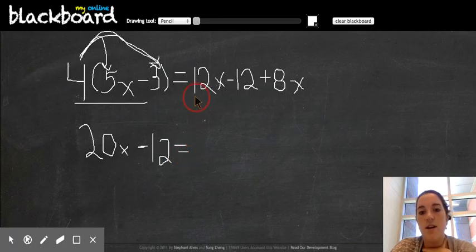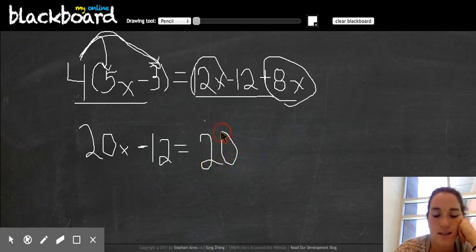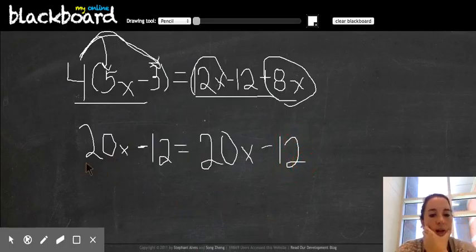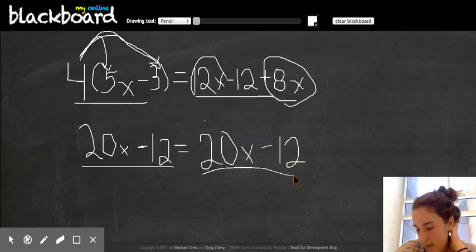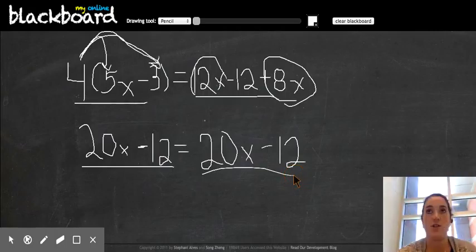Equals, is there any way I can simplify this side of the equation? Yeah, I can combine my like terms. So I have 12x plus 8x, which is 20x. And then I'm taking away 12. So 20x minus 12. Now I have the same thing on both sides of the equation. 20x minus 12 equals 20x minus 12.